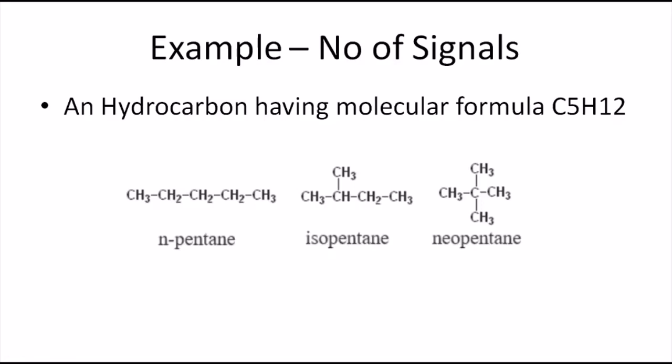No other data you need, you can clearly find out. That's how in many situations NMR is able to distinguish based on the number of signals. You need not worry about multiplicity or chemical shift value, all those things. They will exactly match, but just by using the number of signals you can predict the molecules, right?